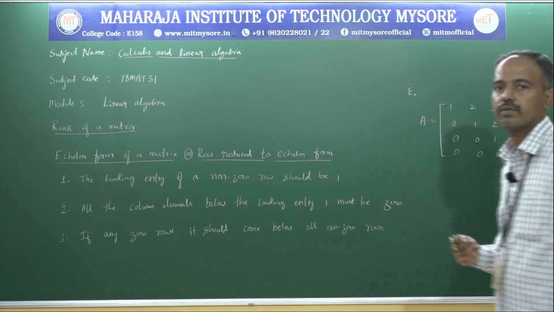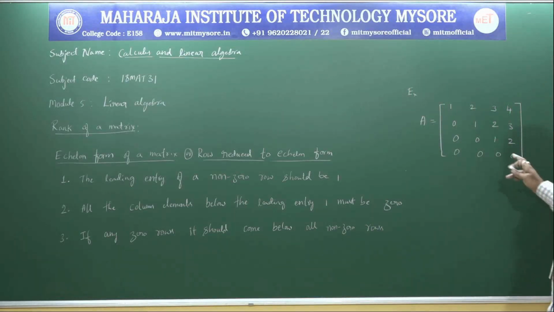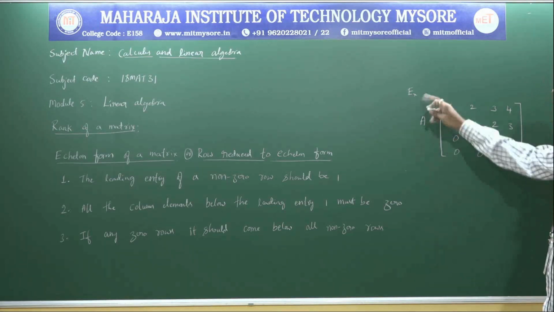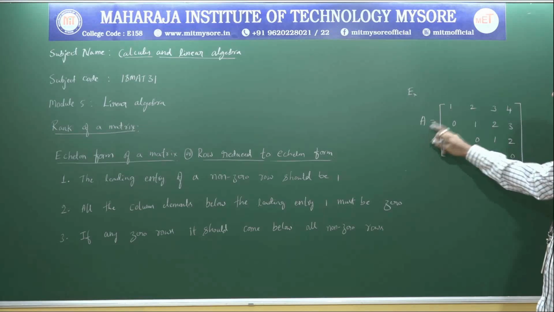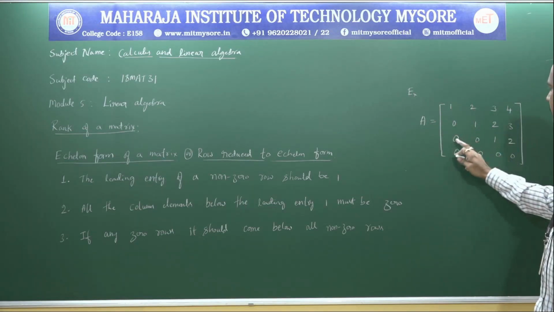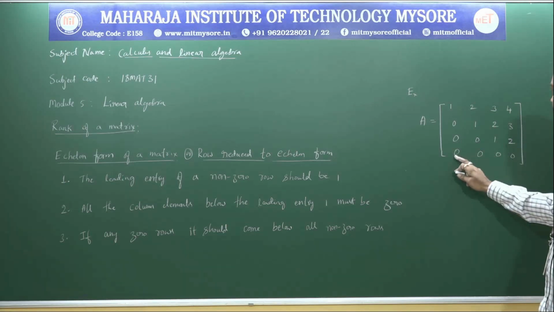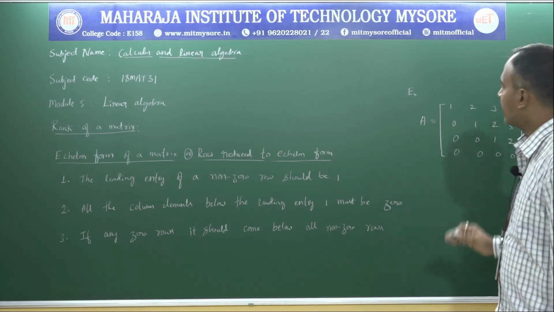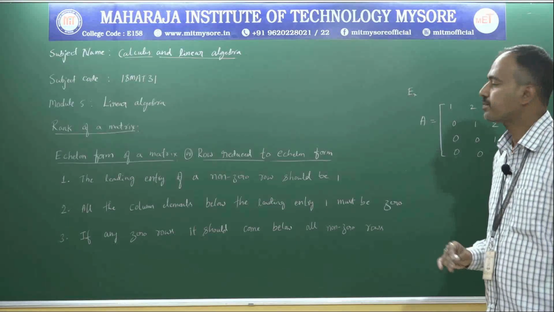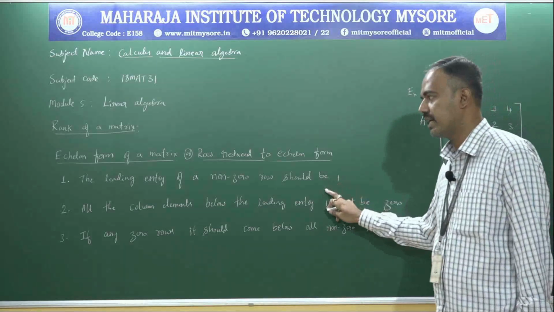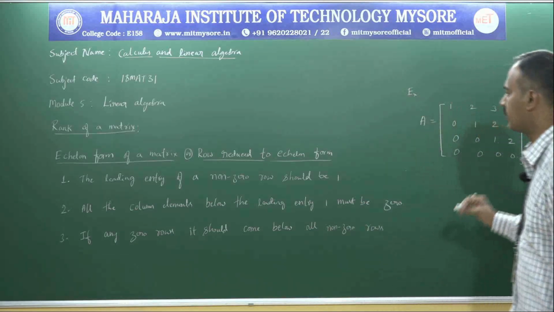Now let us start with one example. For example, matrix A has rows 1 2 3 4, 0 1 2 3, 0 0 1 2, and in the last row all the elements are 0. For the echelon form of a matrix, the first point: the leading entry of a non-zero row should be 1.